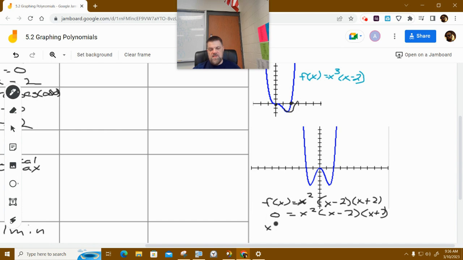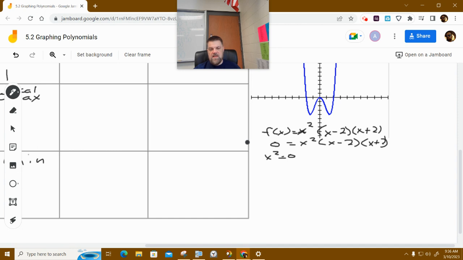So when I say x squared equals 0, to solve that, I'm going to take the square root of both sides. Remember that when you take the square root of both sides, you do the plus or minus. So x is technically equal to plus or minus 0. In other words, you have a multiplicity of 2, x equals 0 and x equals 0. That doesn't make much sense, but it's true.